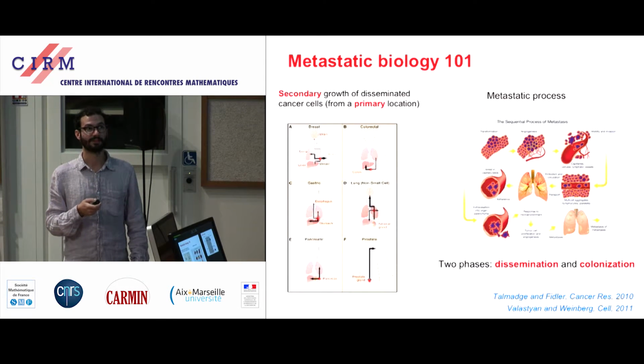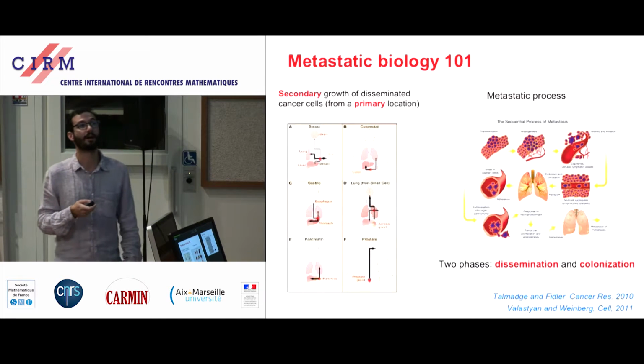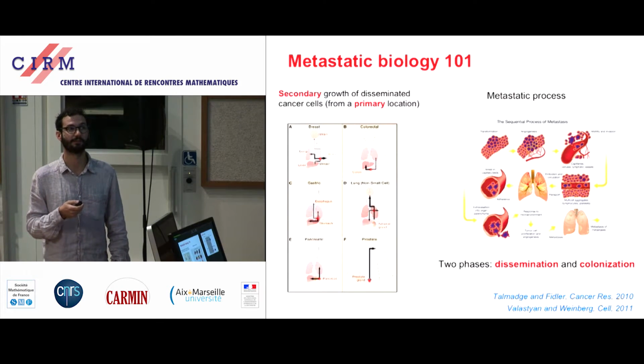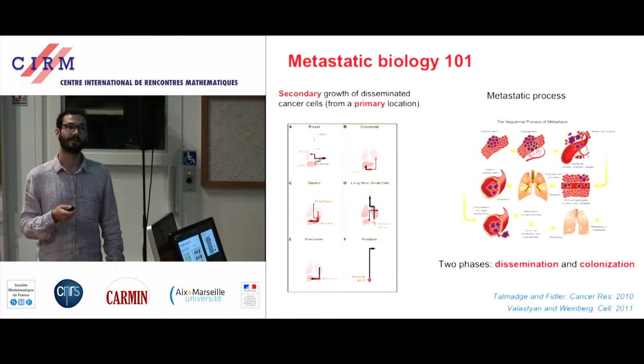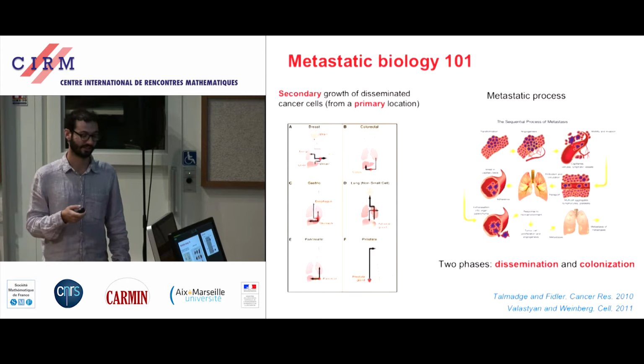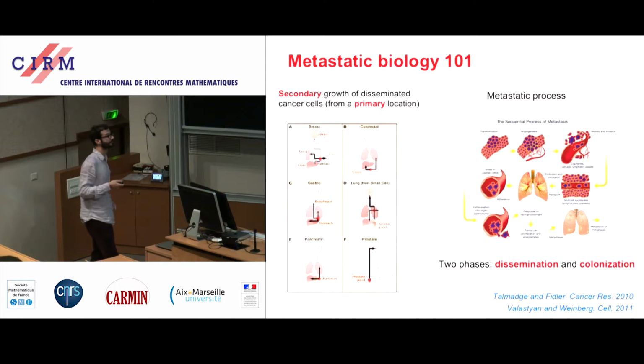Then the cells often have a change in their phenotype so that they become more motile, and then they have to be able to enter the blood circulation and survive in the blood. Then they arrest at the secondary site, such as the lungs. They extravasate, and then they have to be able to survive there and grow into detectable macro metastasis.